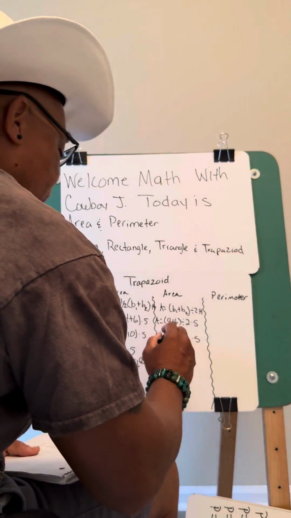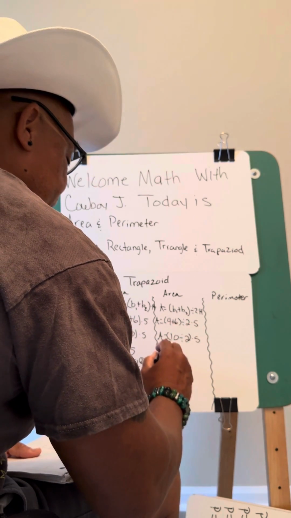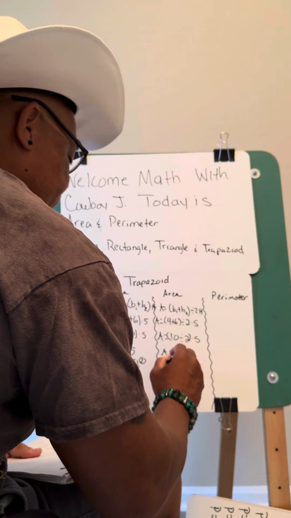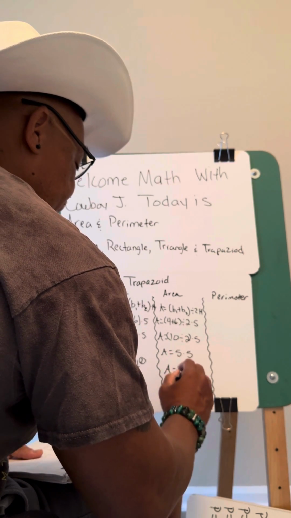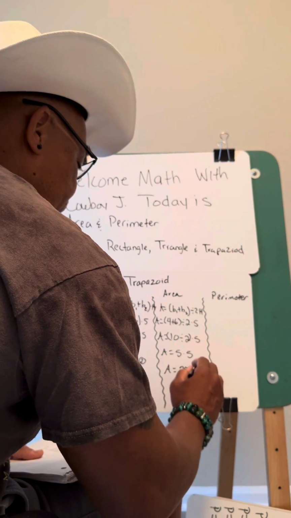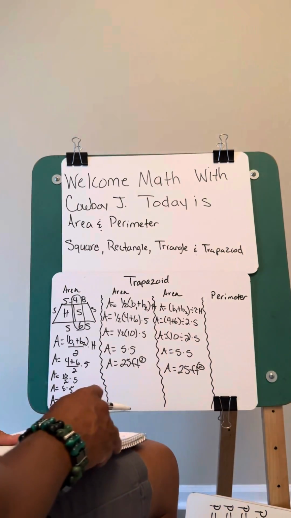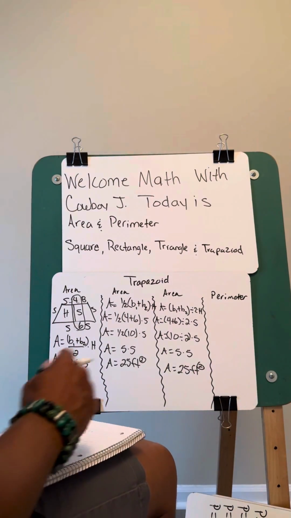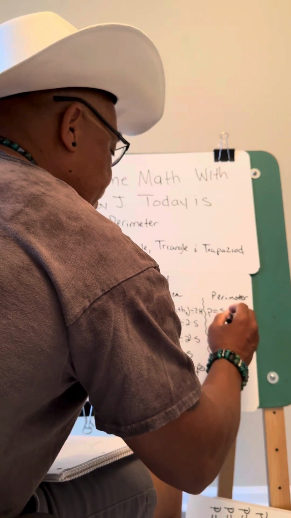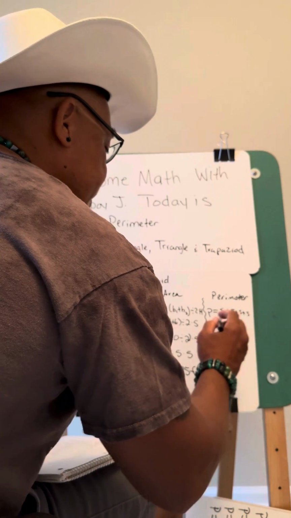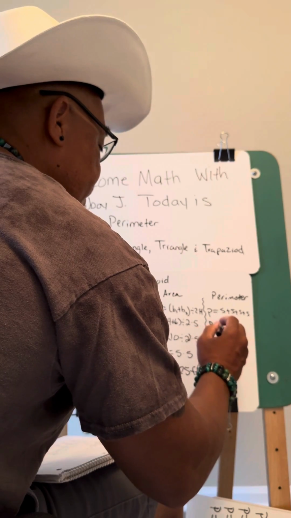That kind of order of operation thing. So 10 divided by 2 is 5 times 5 equals 25 feet squared.